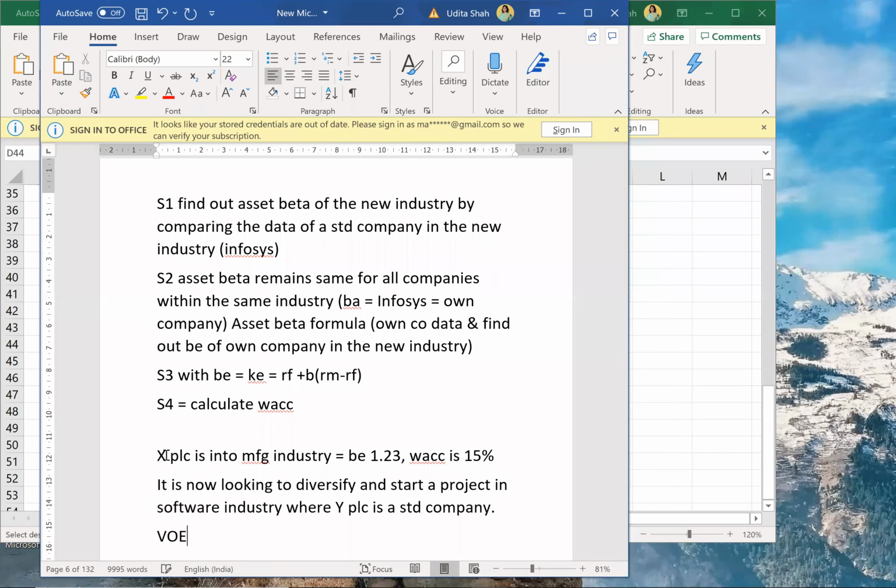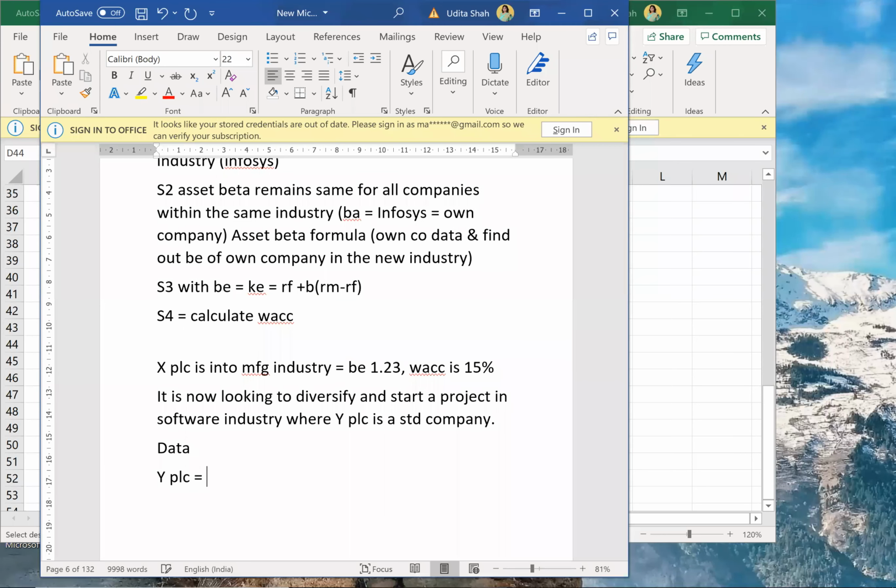So I'll give the data of XPLC and YPLC. YPLC data: the value of equity is, let us say, 900 million. Value of debt is, let us say, 530 million.